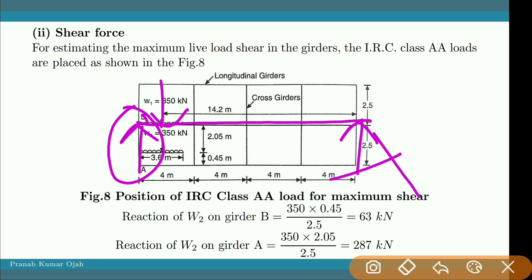Because the load is acting near the support, here the reaction will be maximum and that will be the maximum shear force. Is it clear? That's why I have calculated the support reaction at the support which is closer to the load.